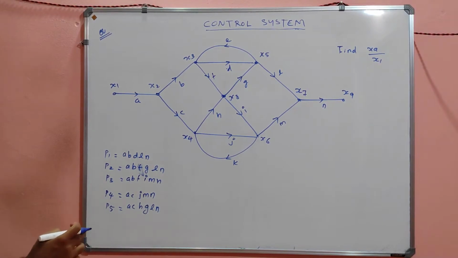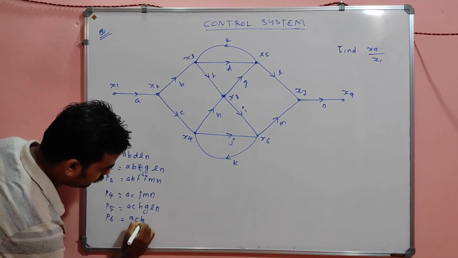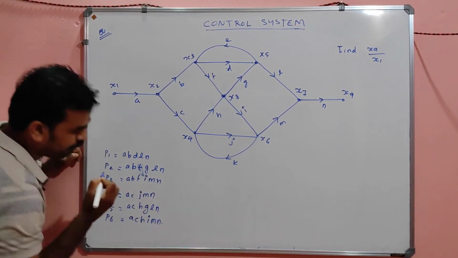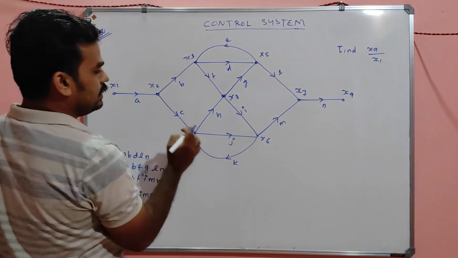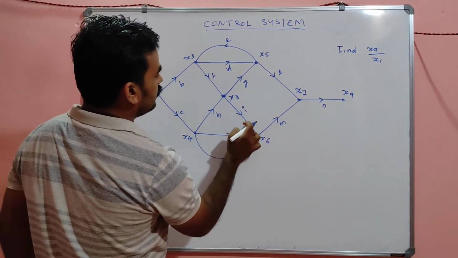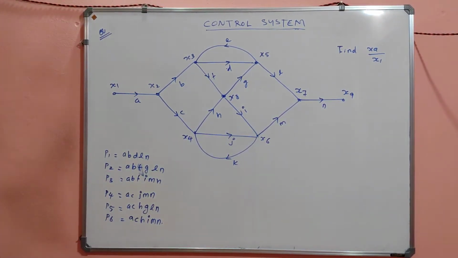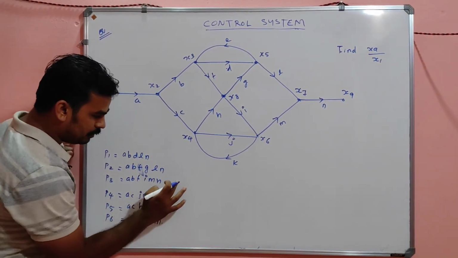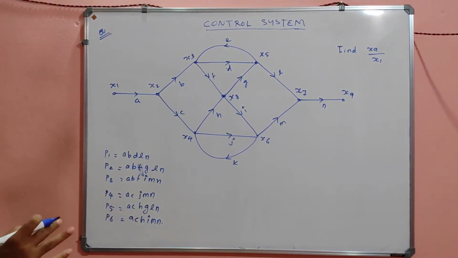So ACHIMN, my dear. Is it clear? Okay, that's all. So how many did we get? Six forward paths are there. So correspondingly there will be del 1, del 2, del 3, del 4, del 5 and del 6. So all that we have to calculate.